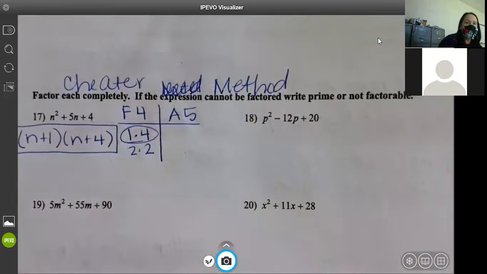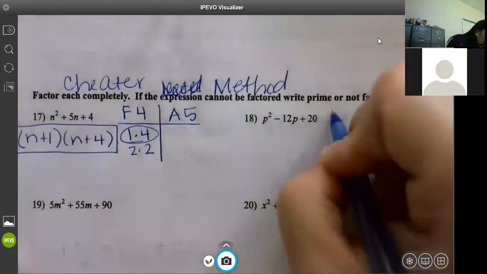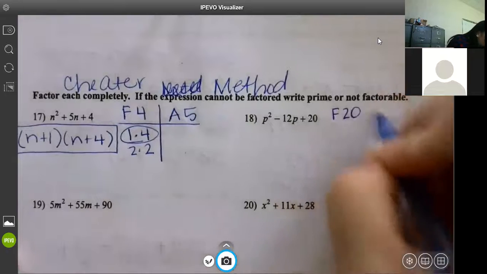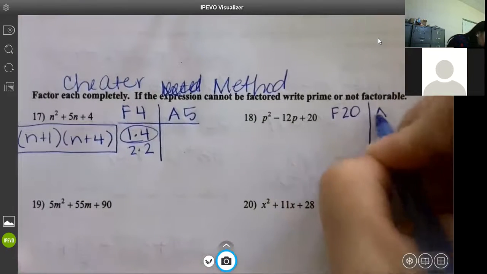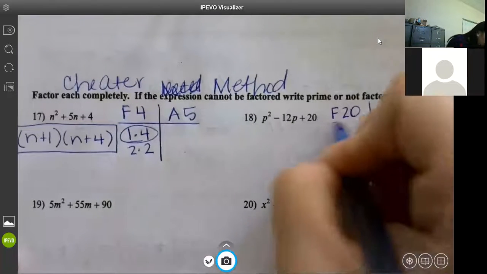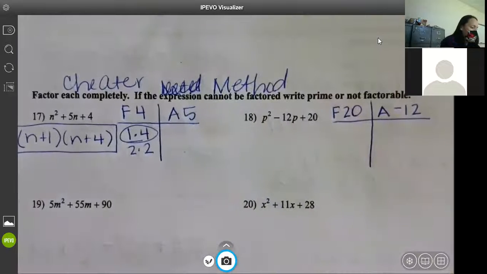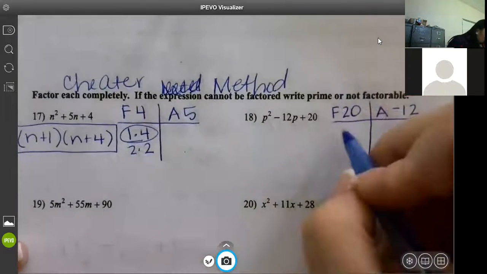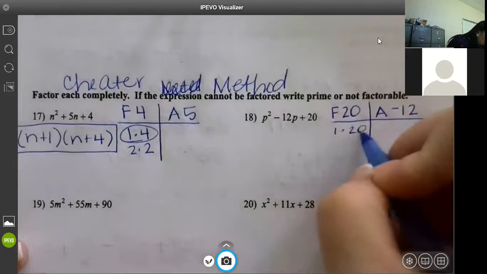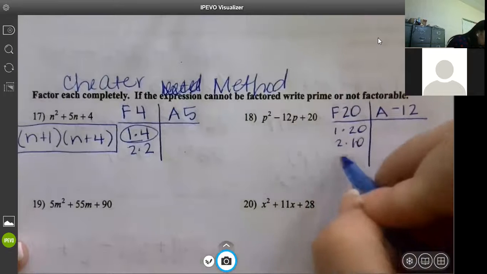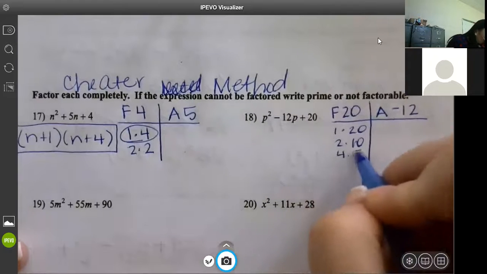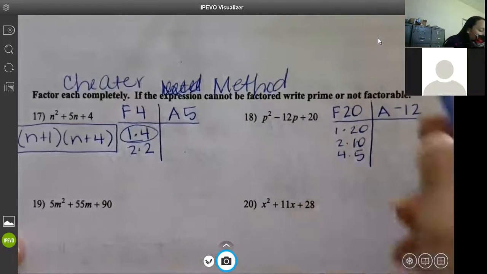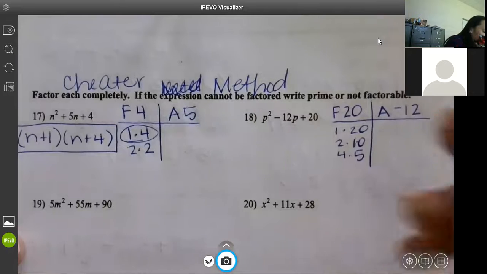All right, so on number 18, we want factors of the last that add to the middle, but this time we're adding to a negative 12, okay? I want a positive 20, but a negative 12. So that's going to be 1 and 20, 2 and 10, 4 and 5, or I need a negative 12.